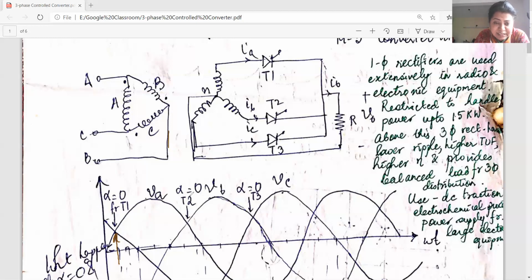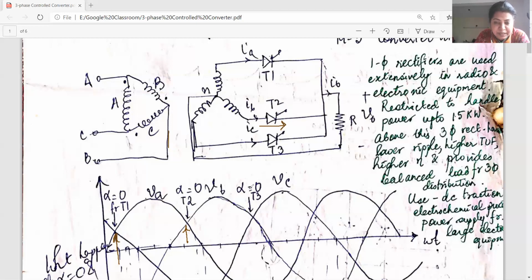That is, for thyristor T2, the firing angle alpha is equal to 0 degrees. Because from this particular interval, VB becomes maximum positive. So when VB becomes maximum positive, thyristor T2 becomes forward biased, and when it receives a gate pulse, it starts to conduct.